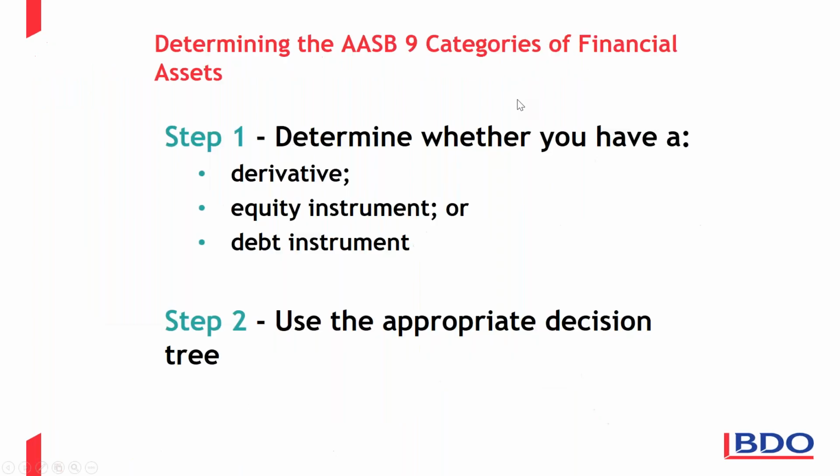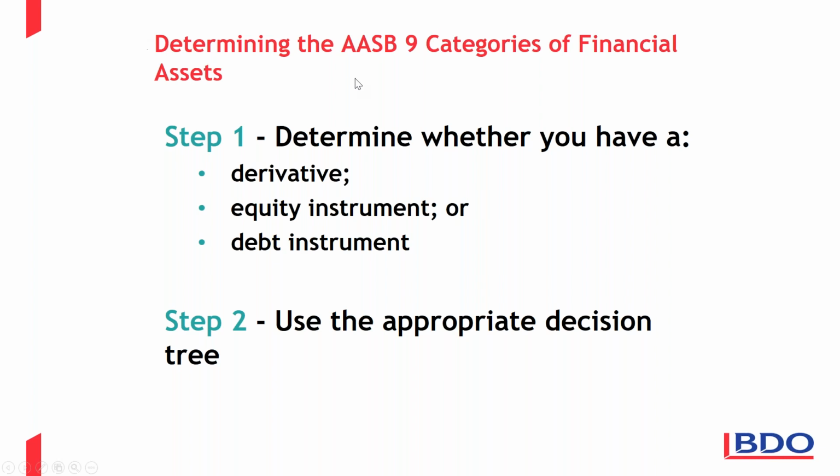Now, you'll also remember when we discussed this last year, we said in order to know in what category you end up, you first have to ask whether you've got a derivative, an equity instrument, or a debt instrument. So you've got a financial asset. The question is, is that financial asset a derivative, an equity instrument, or a debt instrument?